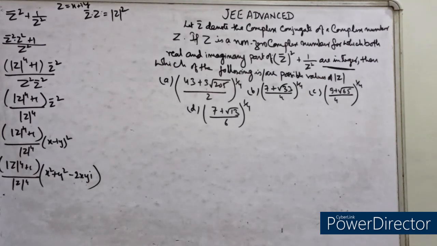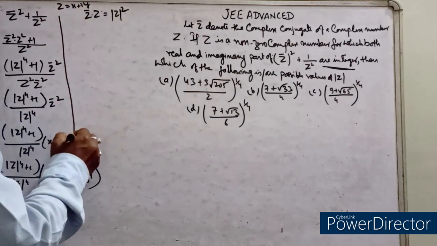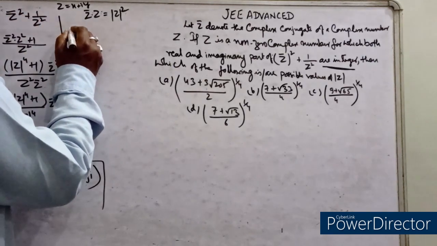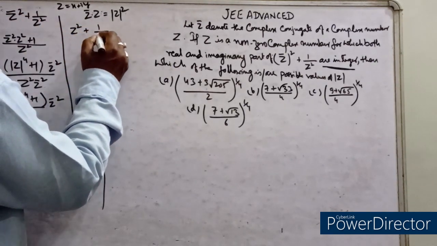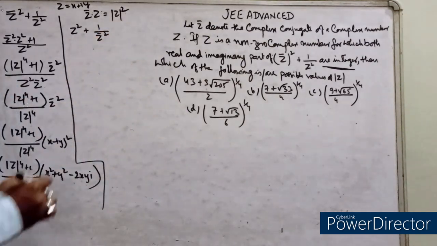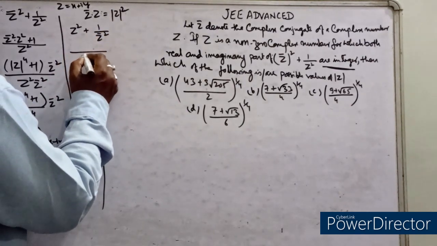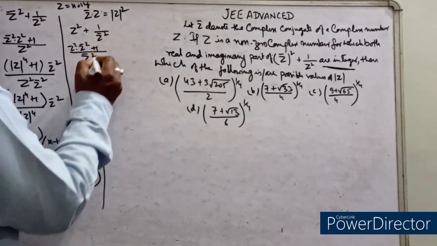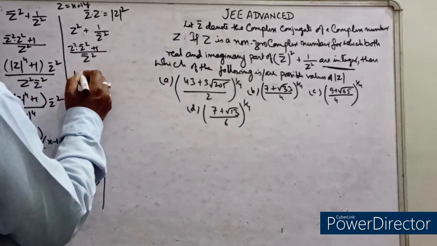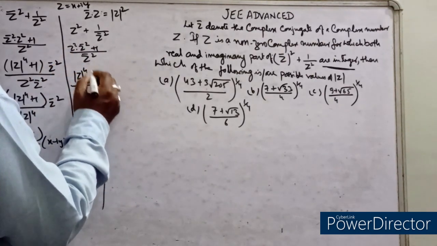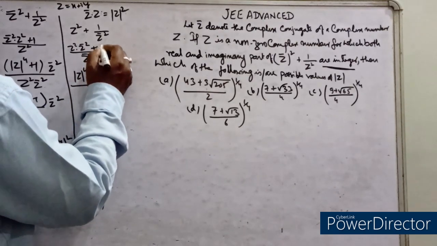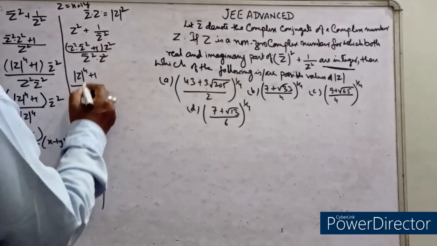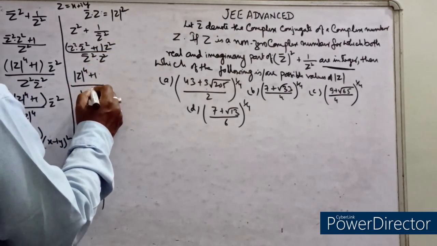Similarly, now let me do some change here, that is z square plus 1 by z bar square. So again taking the LCM, that is z bar square, so z square into z bar square plus 1, this will be modulus z to the power 4 plus 1 by, again multiplying both sides by z square, modulus z to the power 4.